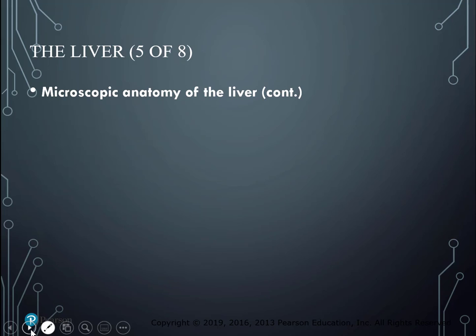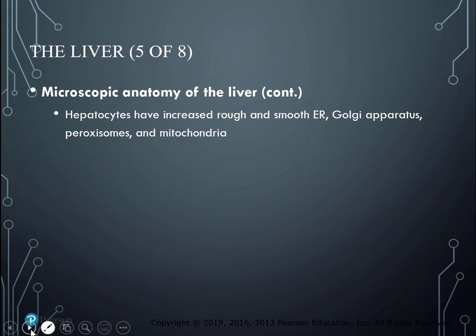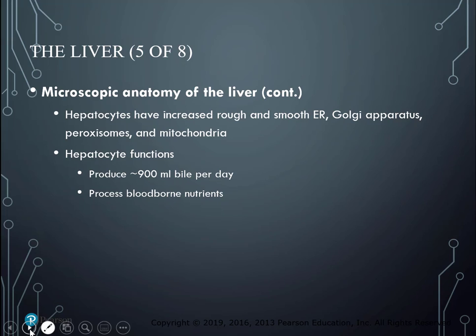So in the microscopic anatomy, let's know that the hepatocytes have an increased number of rough and smooth endoplasmic reticulum, Golgi apparatus, peroxisomes, and mitochondria because of the nature of the function of the hepatocyte. It produces 900 ml of bile per day.